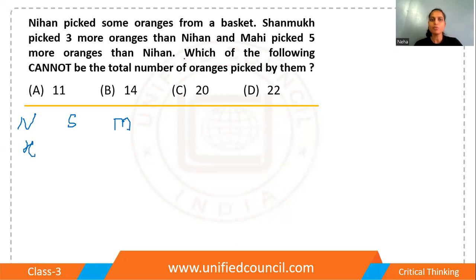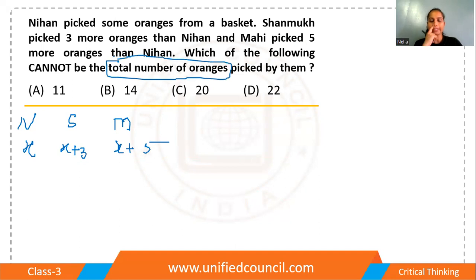Shanmukh picked 3 more oranges than Nihan, so it becomes X plus 3. Mahi picked 5 more oranges than Nihan, so it becomes X plus 5. Now I have to add them all, since they are asking about the total number of oranges.